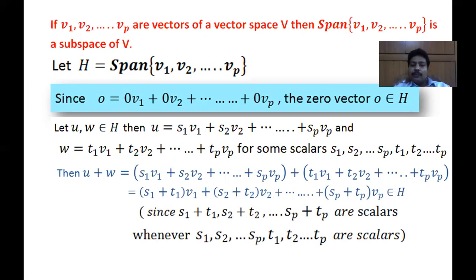Now it is in the form of c1v1 plus c2v2 and so on cpvp. So now u plus v is in the span of v1, v2 and so on vp, which is denoted by H here. So u plus v belongs to H. We have taken that u and v are elements of H, and we concluded that u plus v is in H. So H is closed under vector addition.